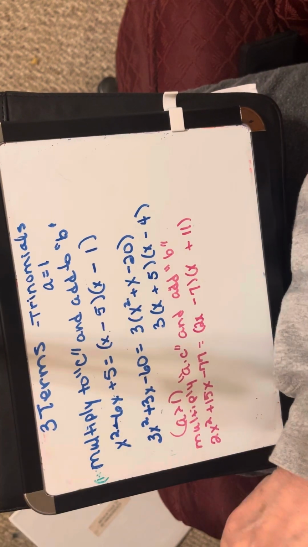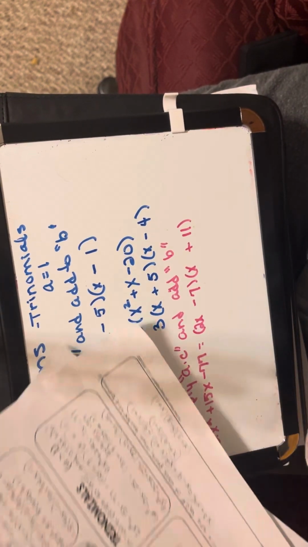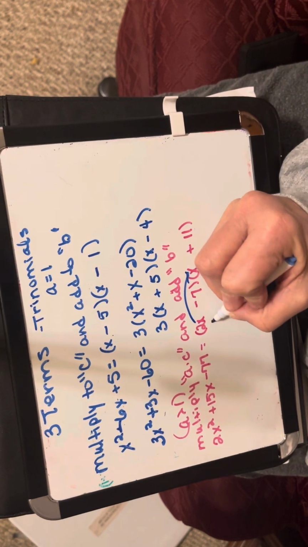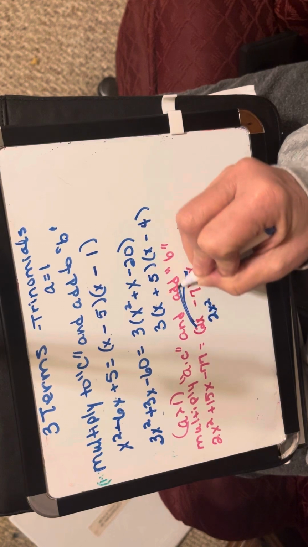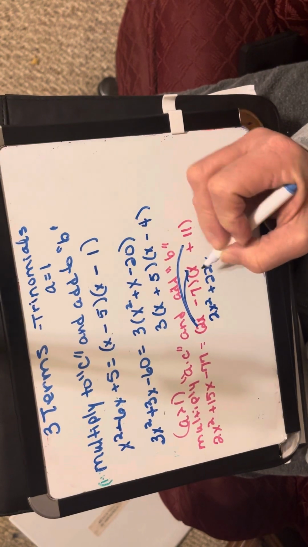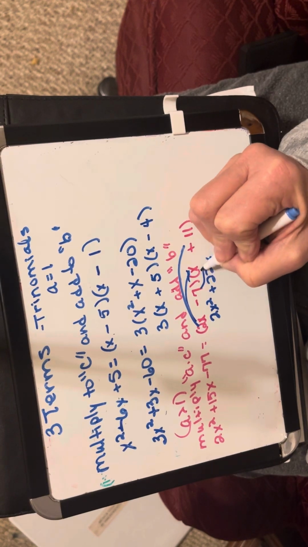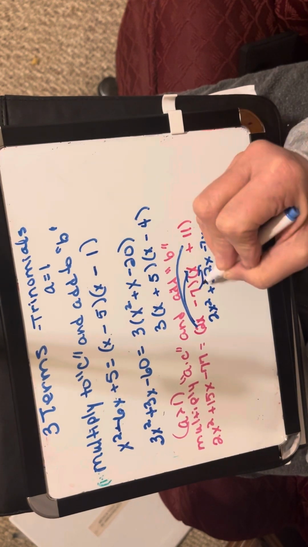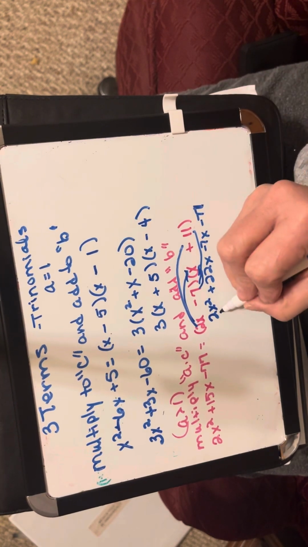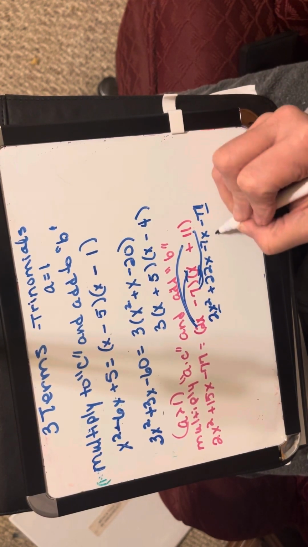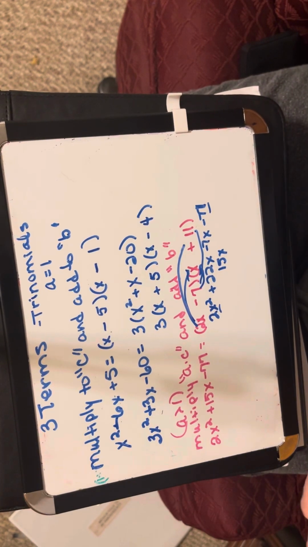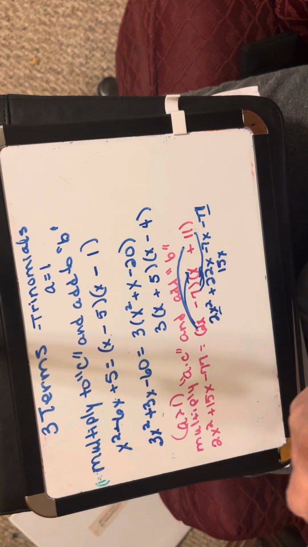You can check that by saying, okay, if I have 2x squared, and then that gives me plus 22x, then I go here and I get negative 7x, and I get negative 77. So I have that one, I have that one, and then when I look at this in the middle, I come up with 15x. So that is a way to look and say, okay, I did that correctly.